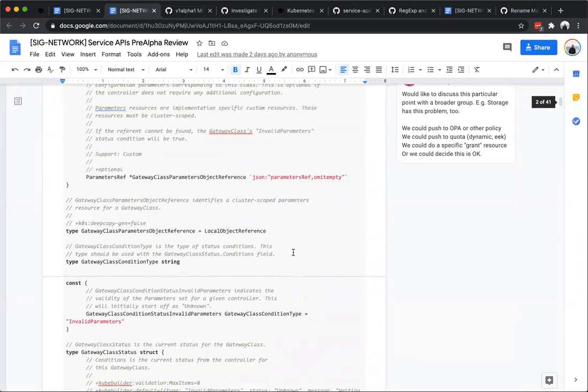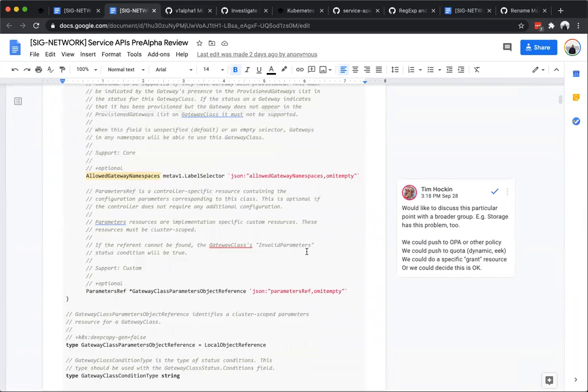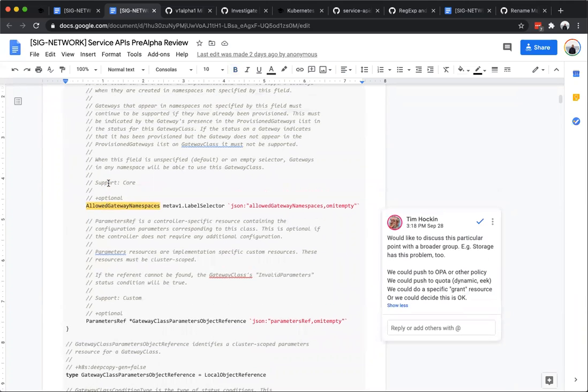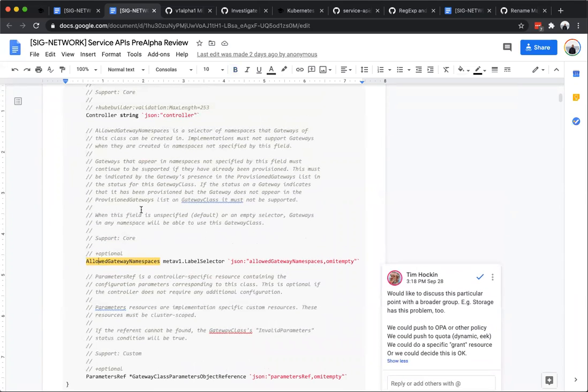One of the things that came up pretty quickly is he is not sold on even the revised allowed gateway namespaces, which this field or this concept is continuing to be a challenge.